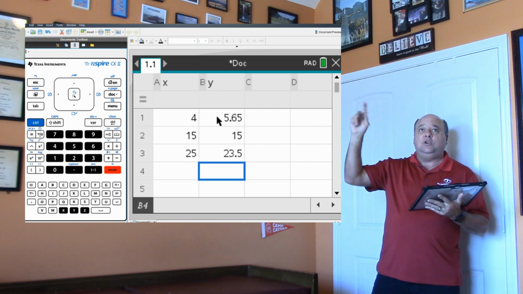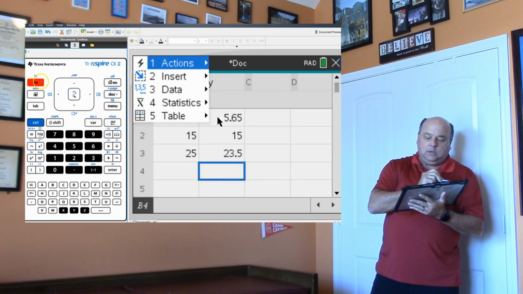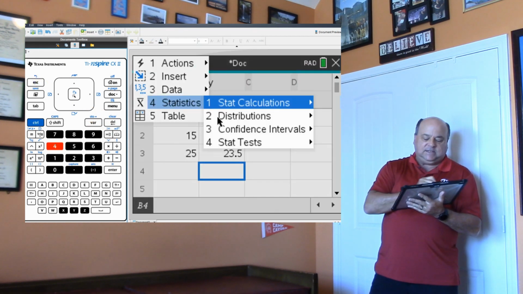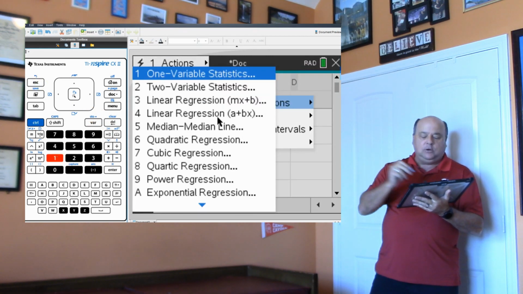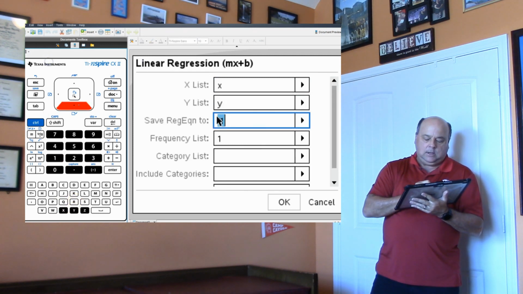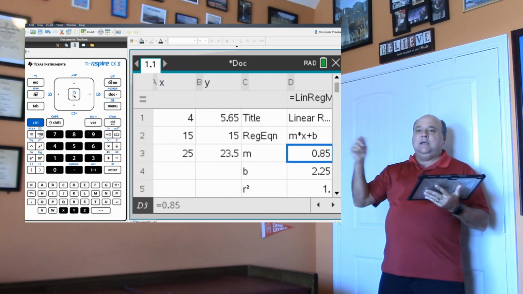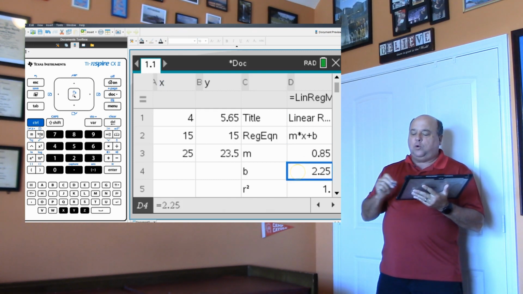Now then I'm going to do menu 413: menu, statistics, which is 4. Then stat calculations. I want a linear regression 3. And then X down, Y down, enter. And right here is my M and my B. So my M is 0.85 and my B is 2.25.